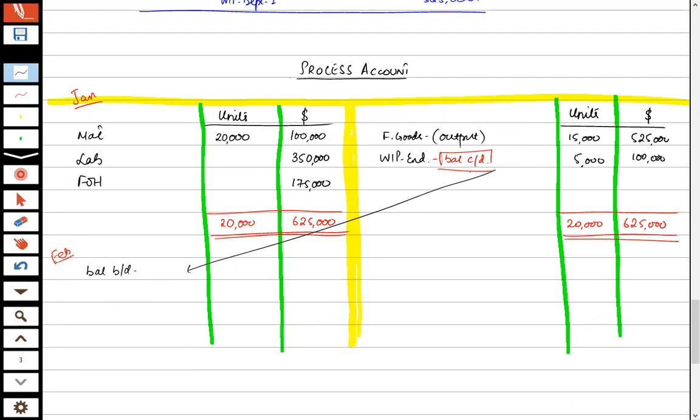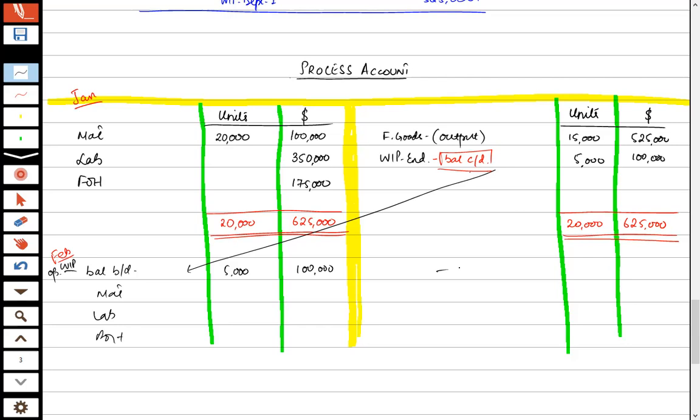That is, it will be treated as opening WIP for February. That is 5,000 units and 100,000. And again in the month of February, material will be applied, labor will be applied, FOH will be applied, finished goods will be transferred, and this process will continue until the factory stops that process.